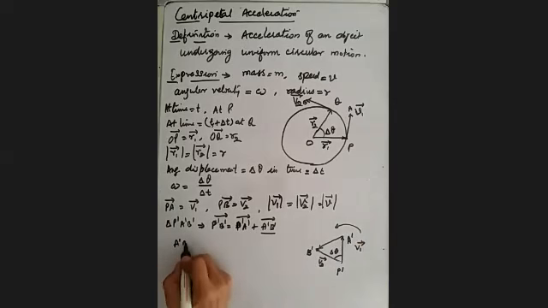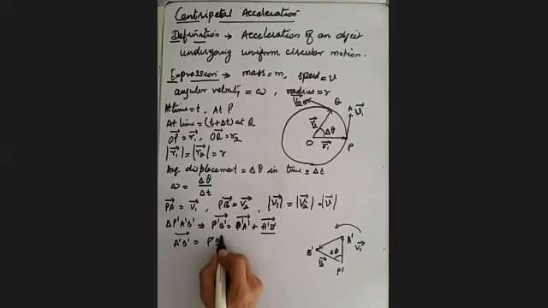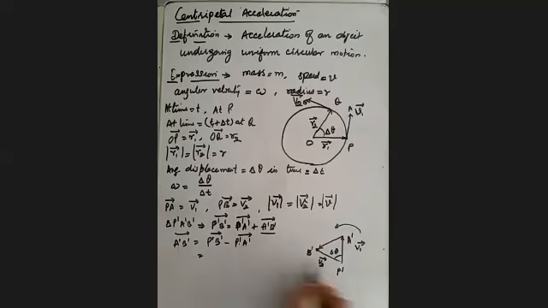So A dash B dash vector will be equal to P dash B dash vector minus P dash A dash vector, and P dash B dash vector minus P dash A dash vector is V2 vector minus V1 vector.